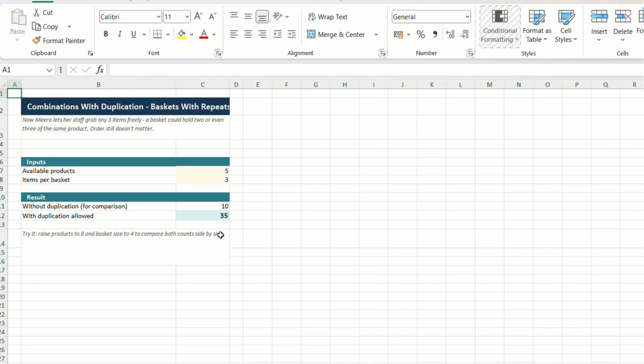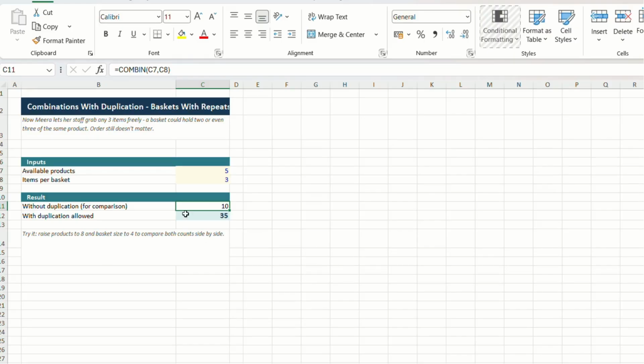And then we have combination with duplication. Then we have an increase in the number of values, because repeats are allowed. The same product can be placed 2 or 3 times in one basket. And we have 35 combinations compared to without duplication.